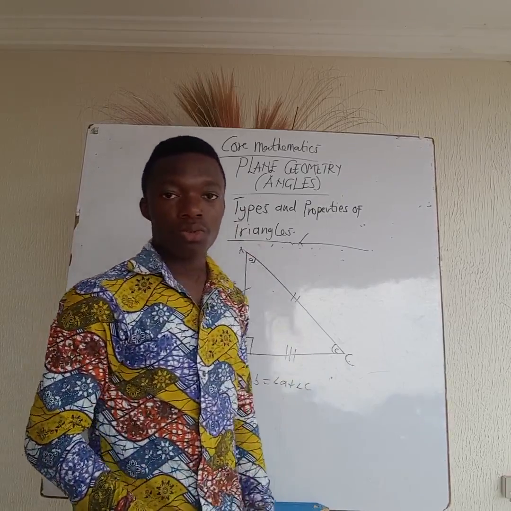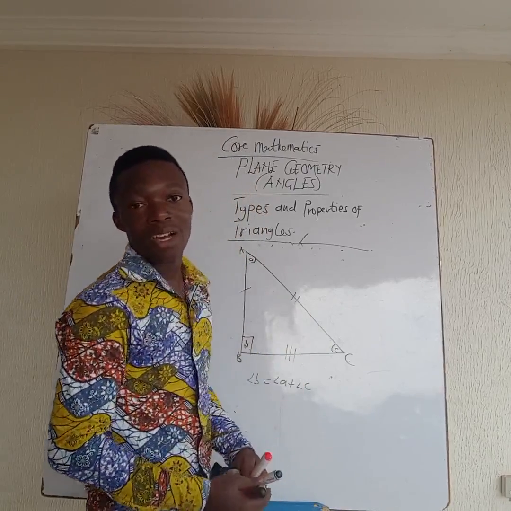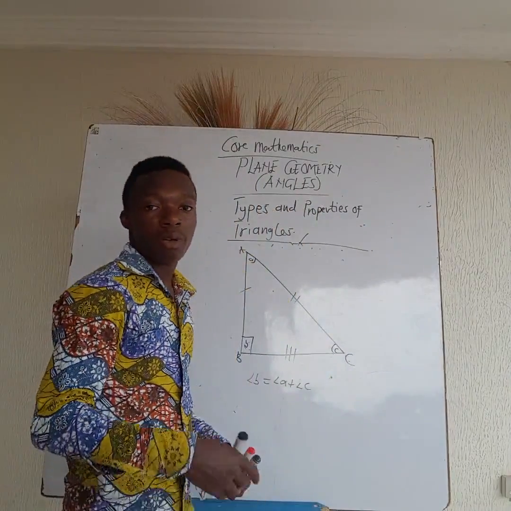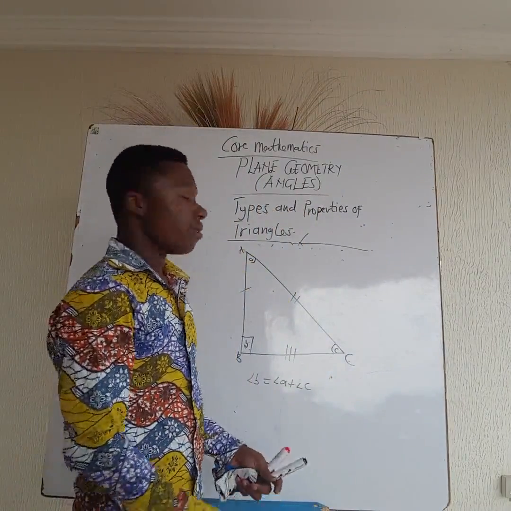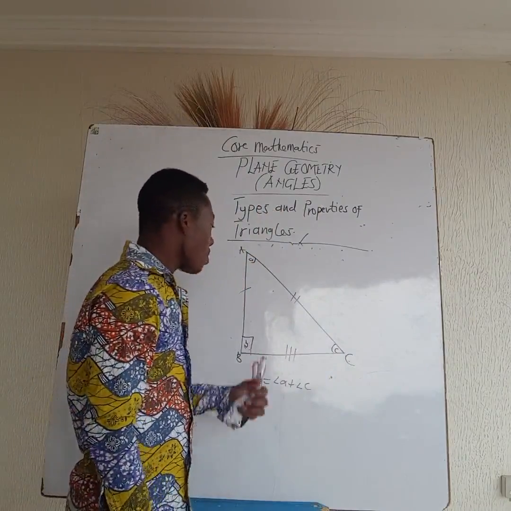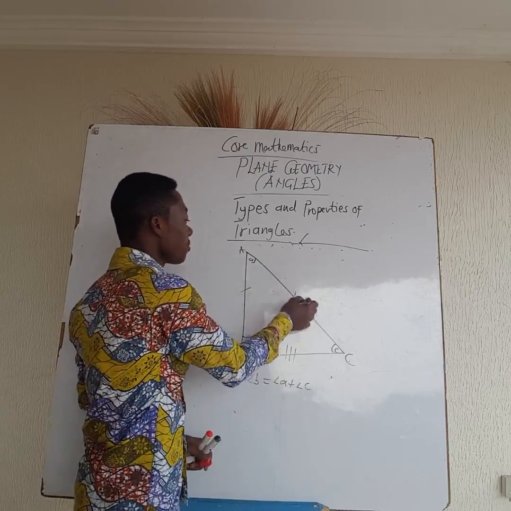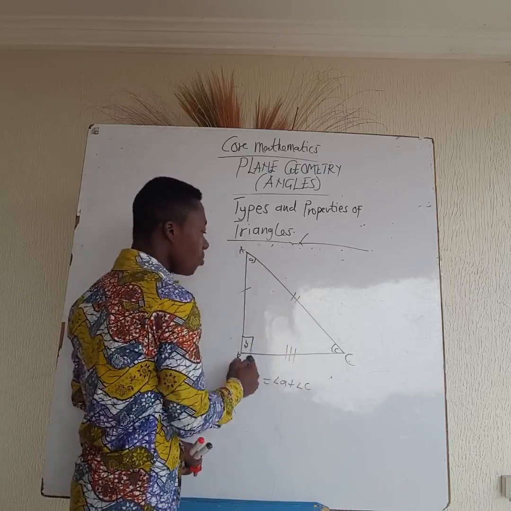It is true, because if here is 90, then the remaining is what we said earlier on, that a triangle has a total interior angle. When you sum up the interior angles of a triangle, you're going to get 180. So if I add up this and this, it is true that I'll get 90 degrees, right?